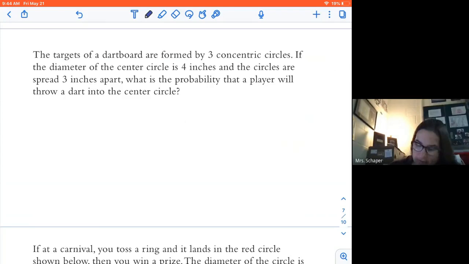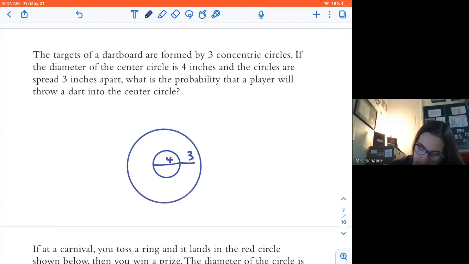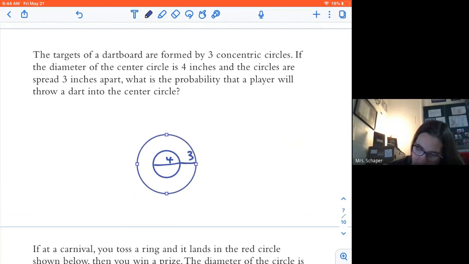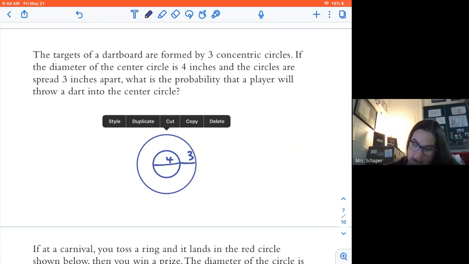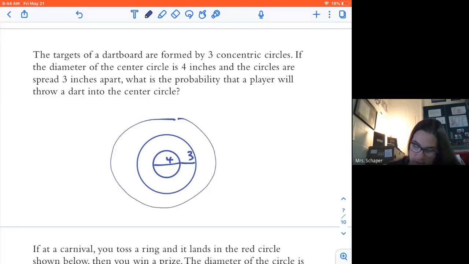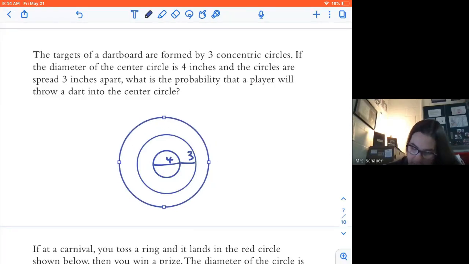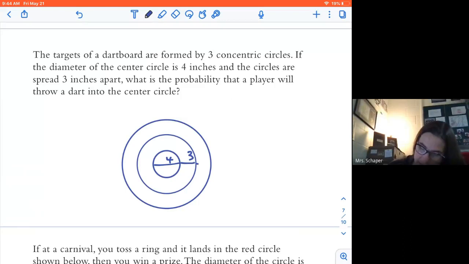If the diameter of the central circle is 4 inches and circles are spread 3 inches apart, what is the probability they'll throw a dart in the center? So there's 3 concentric circles. So I can make one more circle here. I'm going to shrink that down a little bit. There we go. And I got 3 here.